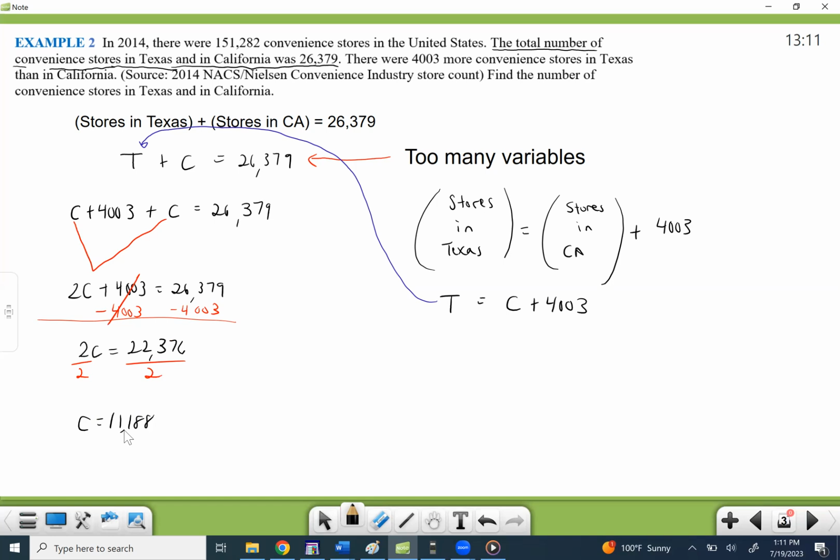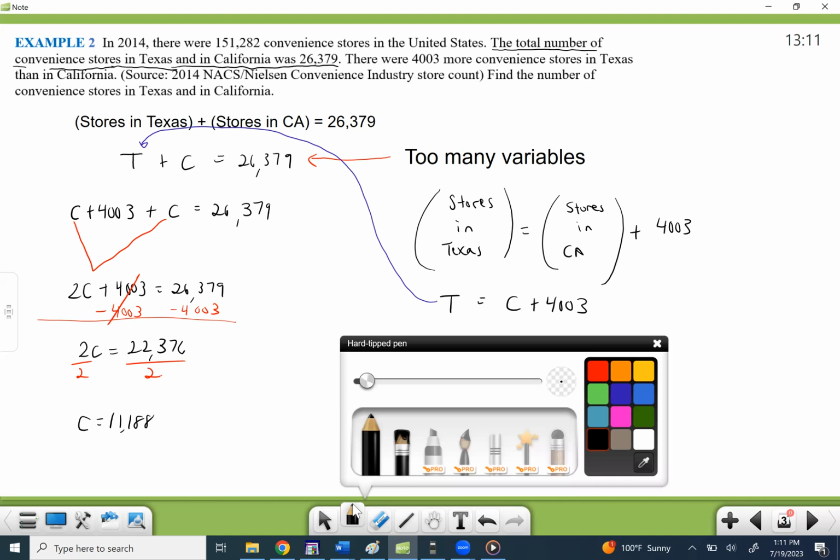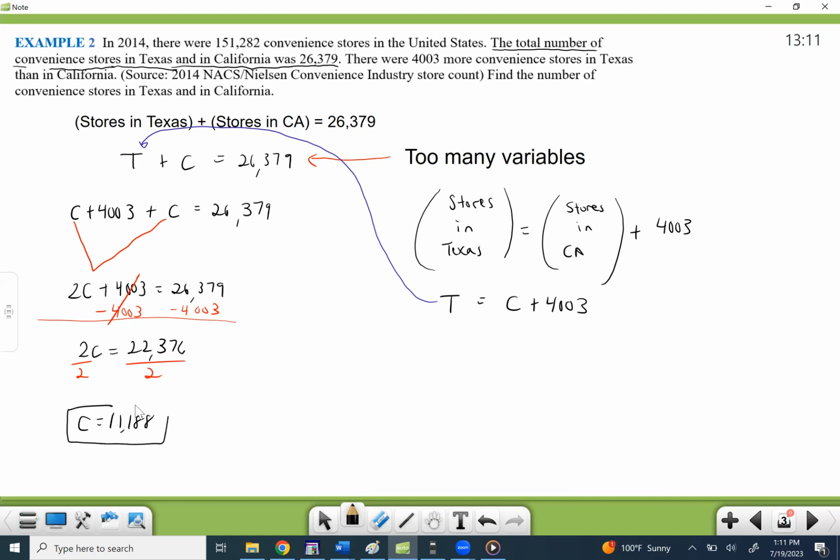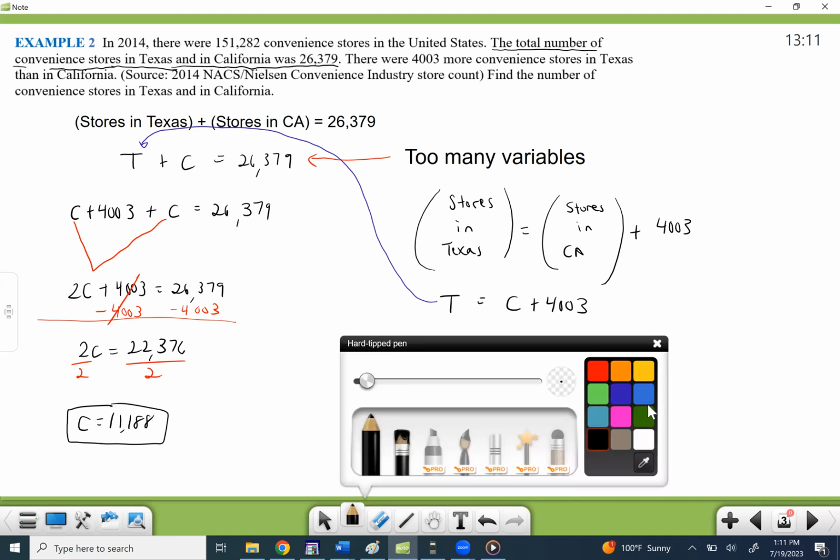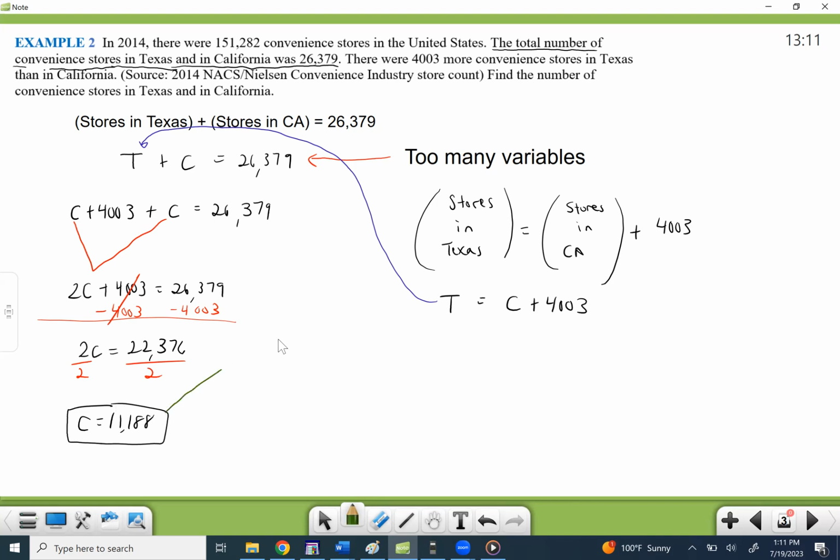So now let's go in and get the stores in Texas. I'm going to box this guy as the stores in California. But then we have to go and substitute that in right here to find out how many stores there were in Texas. So stores in Texas is going to be 11,188 plus 4,003.